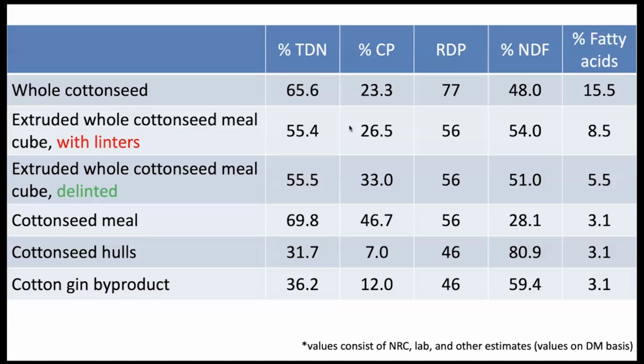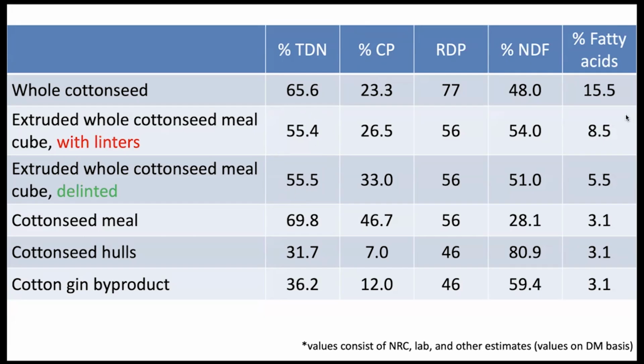But if you look at where we figure these energy values because of these NDF levels, 55% TDN. That's going to be the same as most average quality Bermuda grass hay. So you're not gaining anything from an energy standpoint in a lot of situations feeding these, so they're not the great feedstuff that people think.